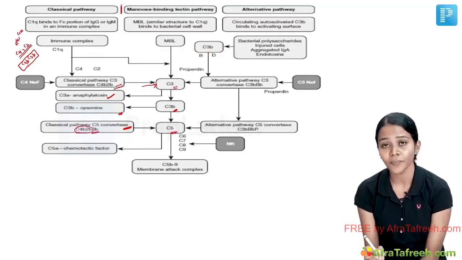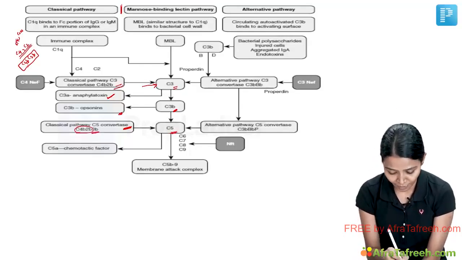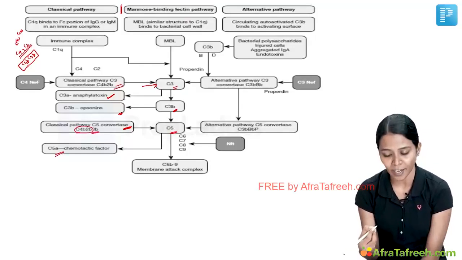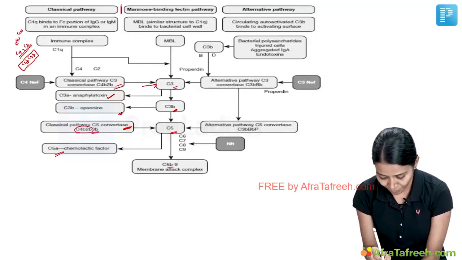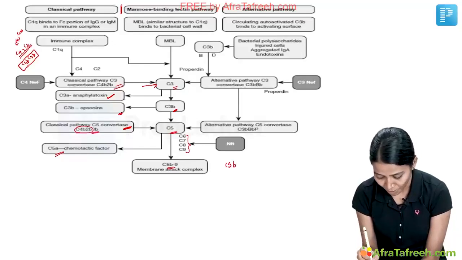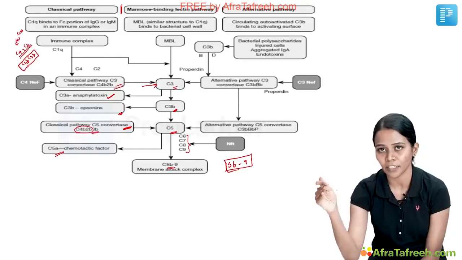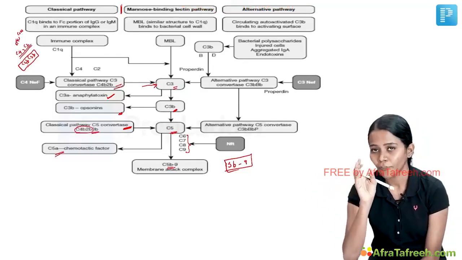This C5 convertase is going to activate C5. This C5 once activated forms two things. First is C5a, which is a chemotactic factor, and next is C5b, which activates C6 to C9. Together, C5b to C9 form the membrane attack complex, which does the final mechanism of destroying the foreign body.